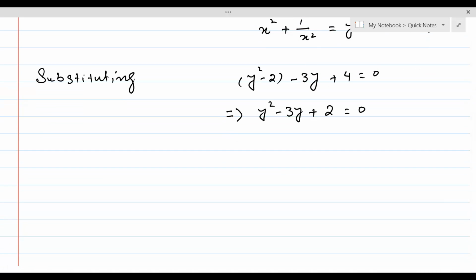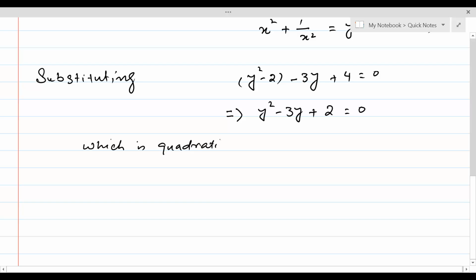And now this is a quadratic equation in y which can be solved easily. For solving this, we'll have y square minus 1 plus 2 times y plus 2 equal to 0.